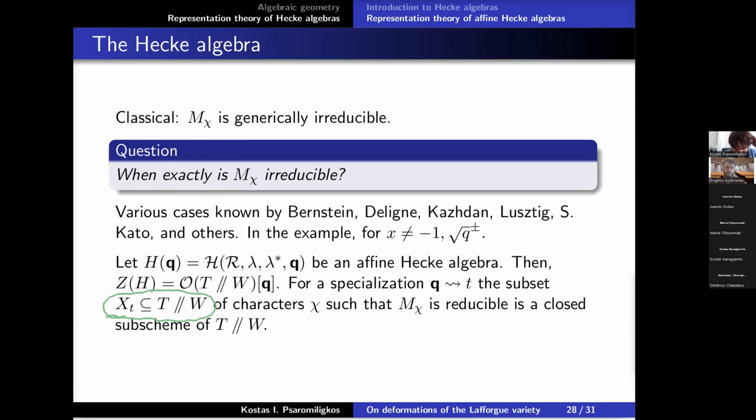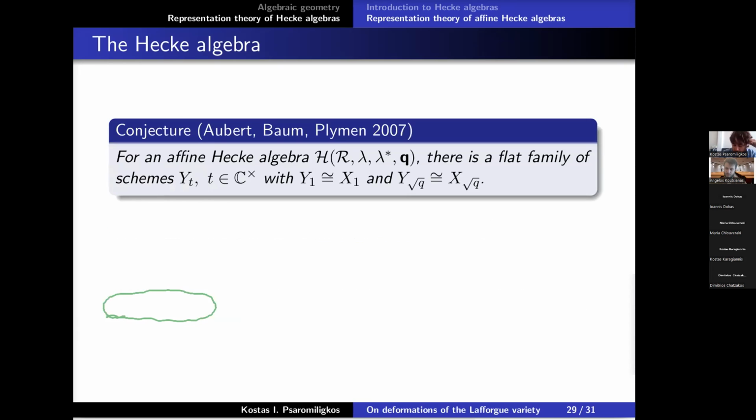Actually, we don't want to get exactly X_T. Sometimes for these bad specializations at roots of unity, we will get things that are not reduced. We will get singularities. So for easiness, I will just ask for a flat family, but of course it will be closely related to a family of deformation loci.